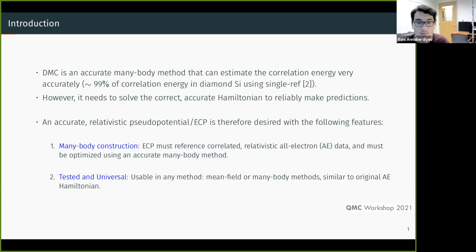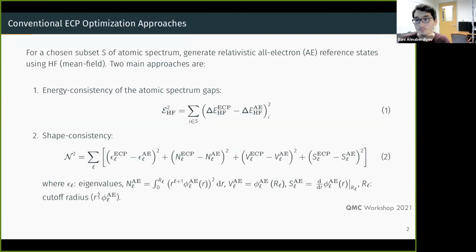Also, we want it to be tested, and it has to be preferably universal so that it can be used in any method, such as mean-field DFT or Hartree-Fock or QMC, or other many-body methods such as coupled cluster, in the spirit of using the same Hamiltonian as in the all-electron case. So the Hamiltonian itself must be the same throughout all of those calculations, and has to be universal.